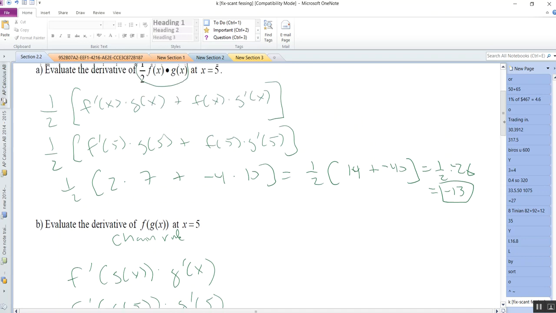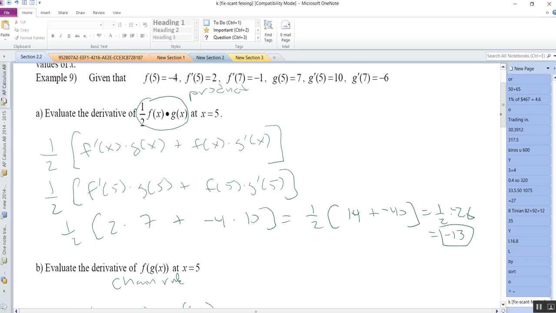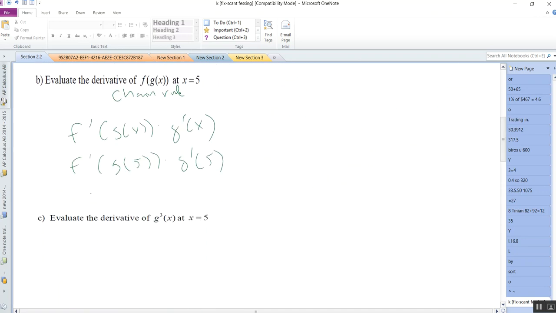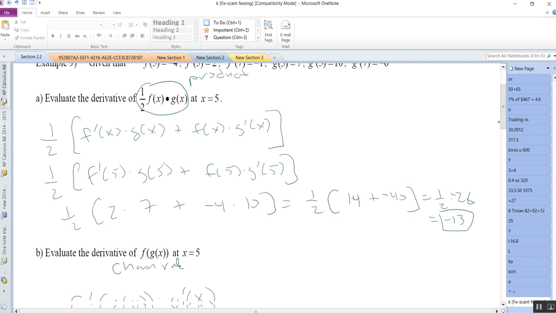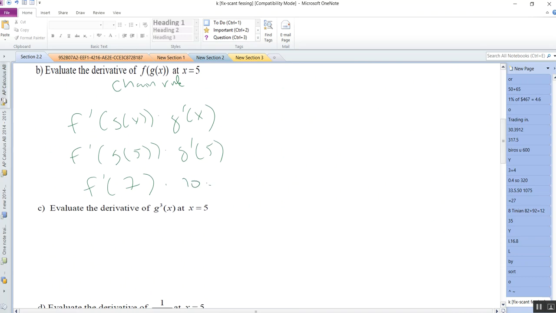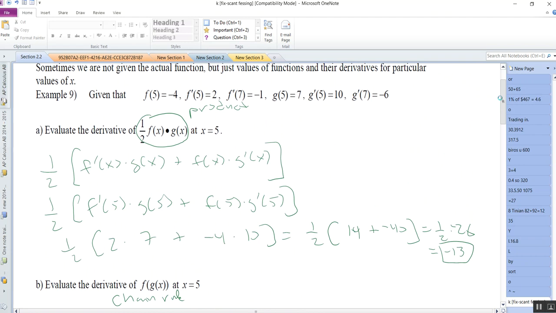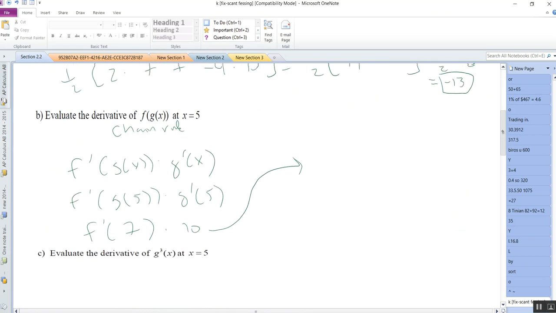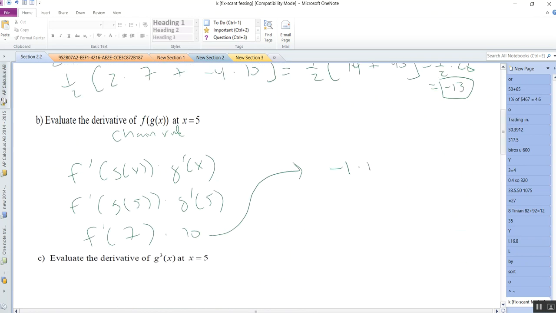And I locate g of 5, that's 7. So that's f prime of 7. G prime 5 is 10. And f prime 7, of course, is -1. You just get -10. Hopefully that makes sense for that one.